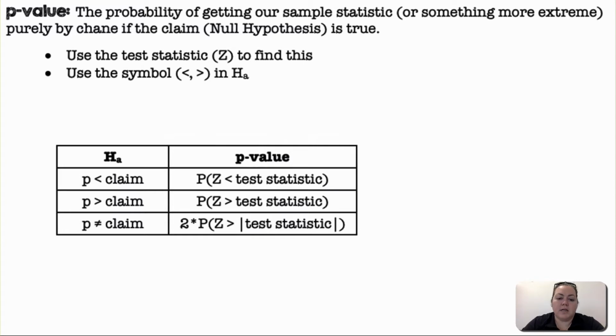If we're doing a greater than test, we'll find the p-value by finding the probability that z is greater than that test statistic. If it's a not equal to test, we would find the probability that z is greater than that test statistic, and then multiply that by 2. The calculator is going to do most of that work for you, but so you know, the not equal to test is doubling whichever one tail you would shade in your normal curve.